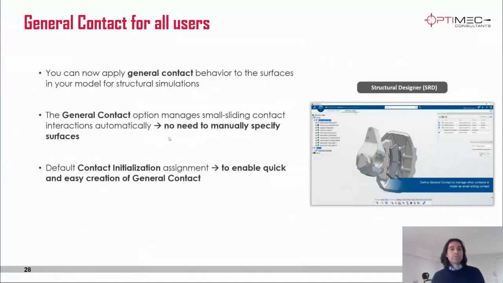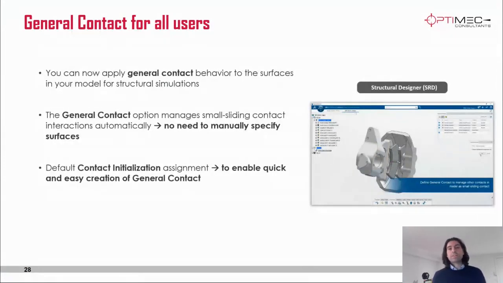And there's also an option here for small sliding. So in the lower part here, you can see an image of the structural design role, which is an entry-level simulation role. And typically you do linear analysis with this role. And when you do linear analysis, you don't want the full contact to be there.